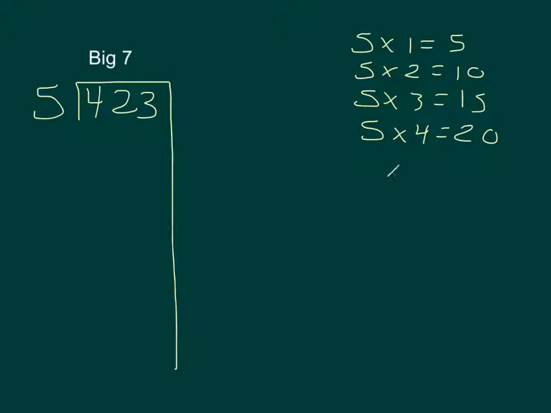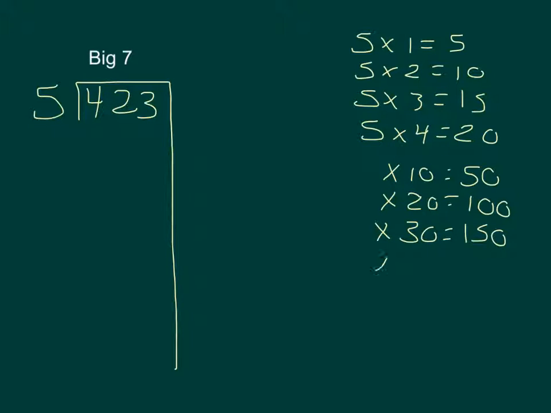So 5 times 10 equals 50, times 20 equals 100, times 30 equals 150, times 40 equals 200. All right, and now we could even go higher if we wanted to, times 100, which would equal 500.